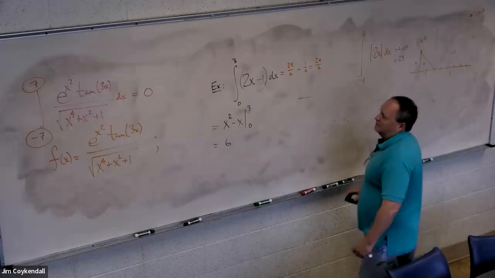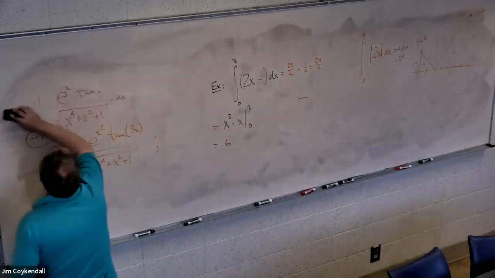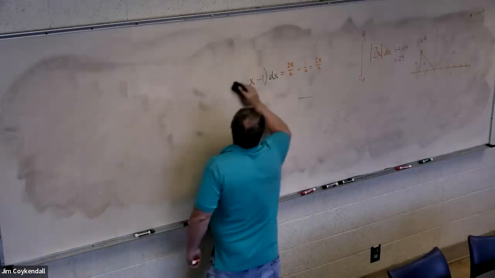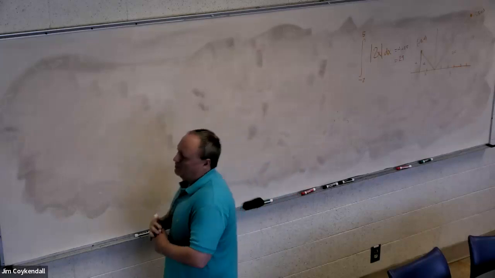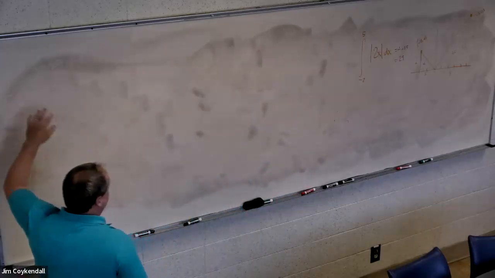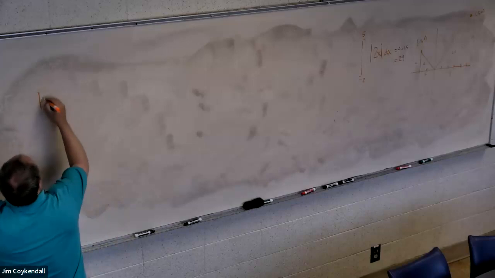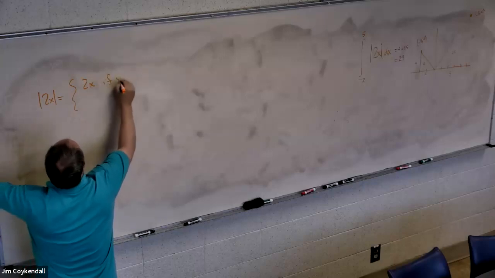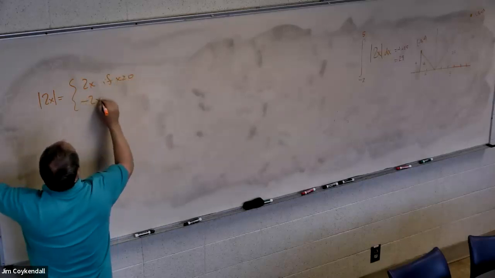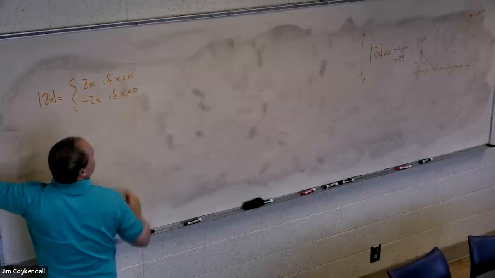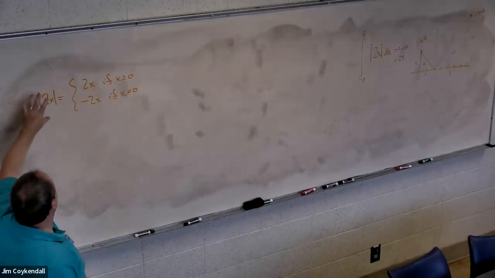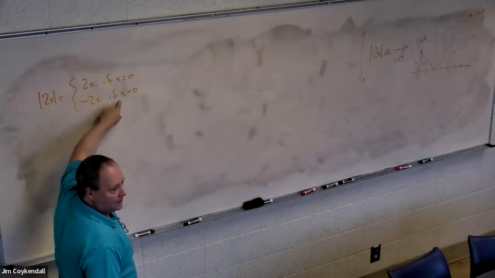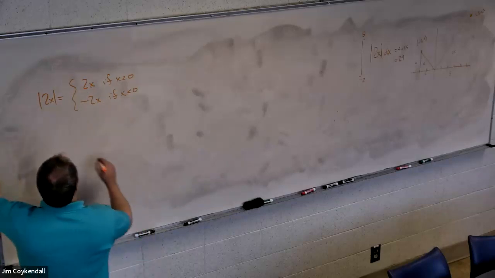Well, I'll do this another way. This is longer than the way I just did it, but you can also do this. The absolute value of 2x: leave it alone if it's positive, change the sign if it's negative.